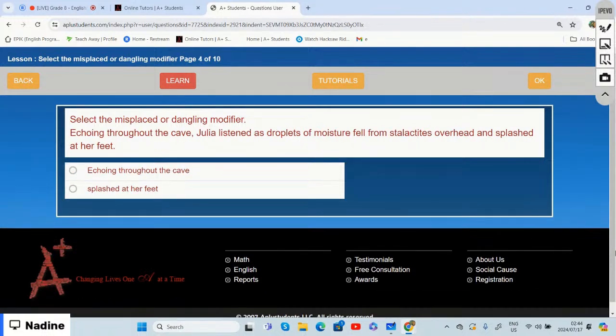All right. And if we do the last one, we'll say echoing throughout the cave, Julia listened as droplets of moisture fell from the stalactites overhead and splashed at her feet.